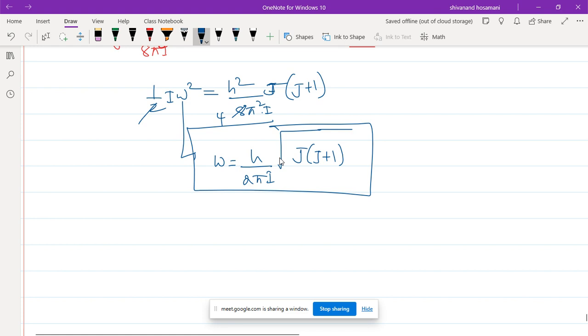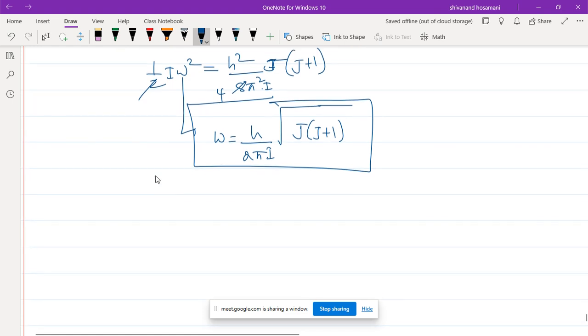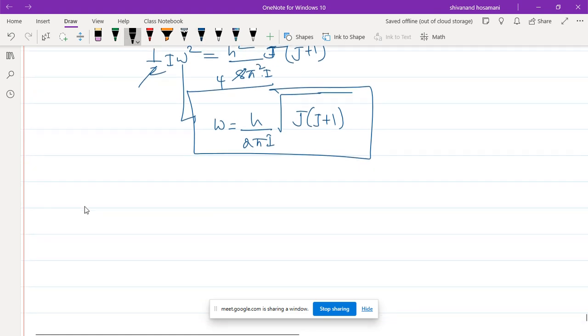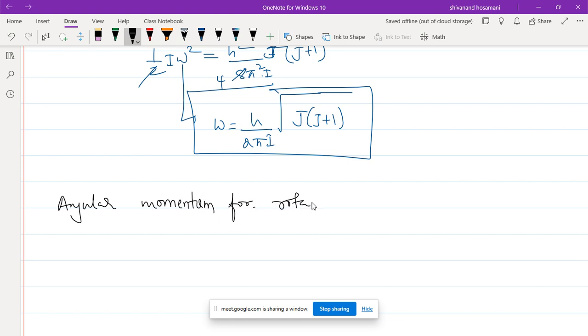Once you get omega, you know how to calculate the angular momentum for rotational motion. For rotational motion, L is equal to I omega.